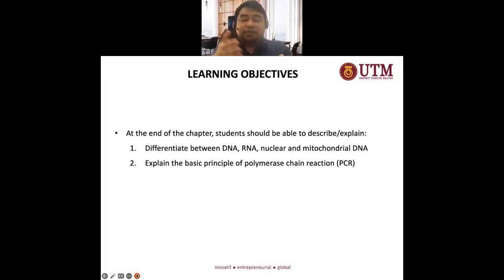What are the differences between them? You also need to be able to explain the basic principle of polymerase chain reaction, which is a very important process in amplifying your DNA for forensic purposes. I cannot stress it enough: PCR is very important, so you need to understand and be able to explain its basic principle.